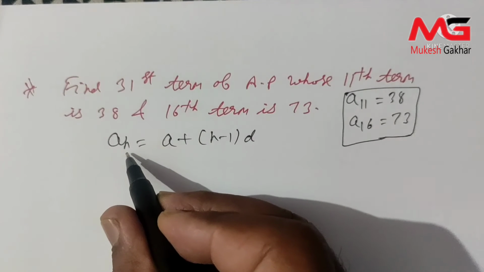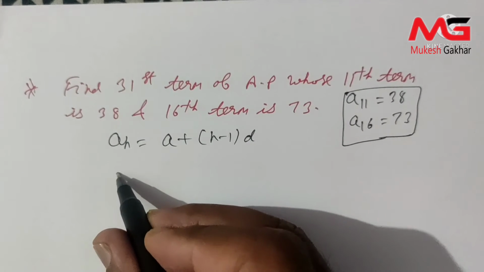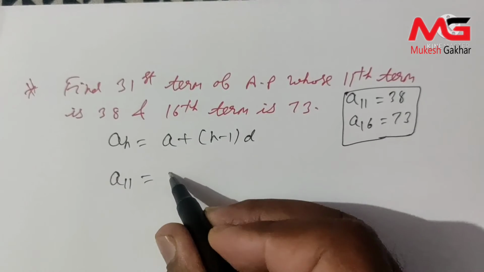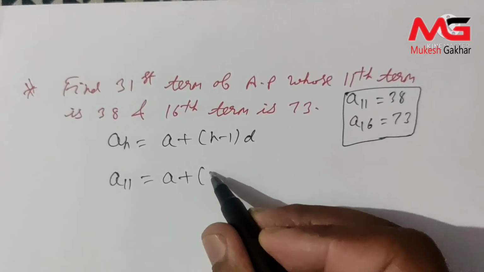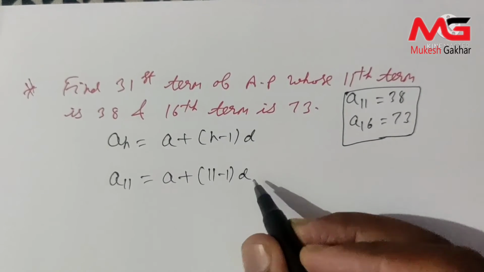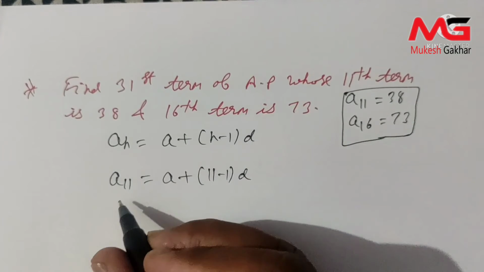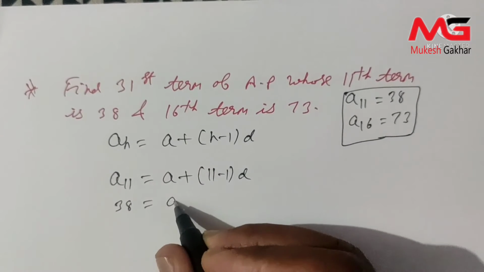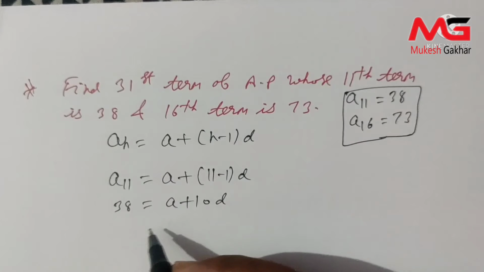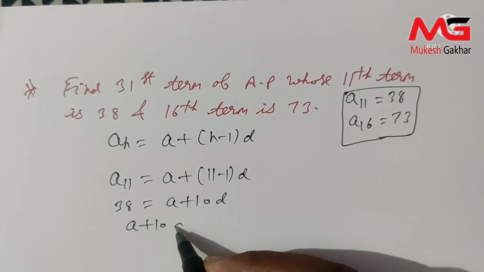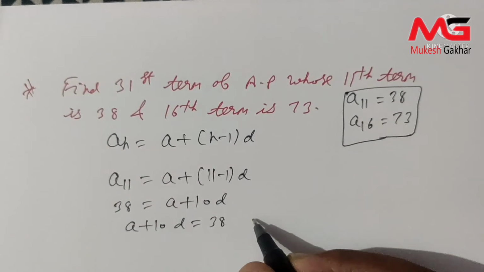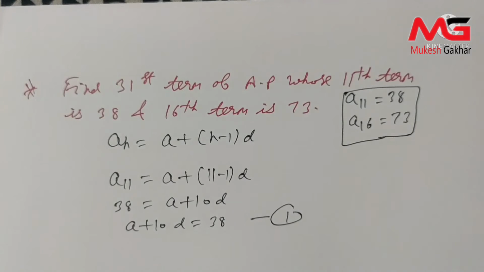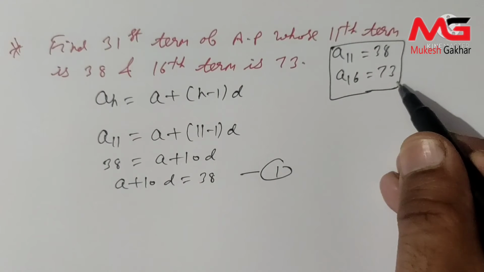So here you can put the value of n as 11. It will be A11 is equal to a plus 11 minus 1 into d. A11 is 38, so 38 is equal to a plus 10d. You can write like this: a plus 10d is equal to 38. First equation.